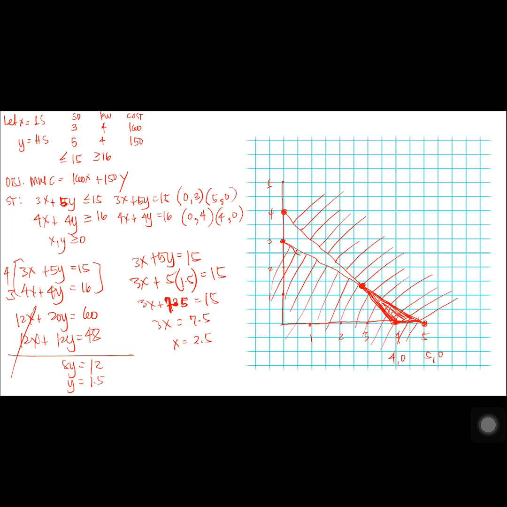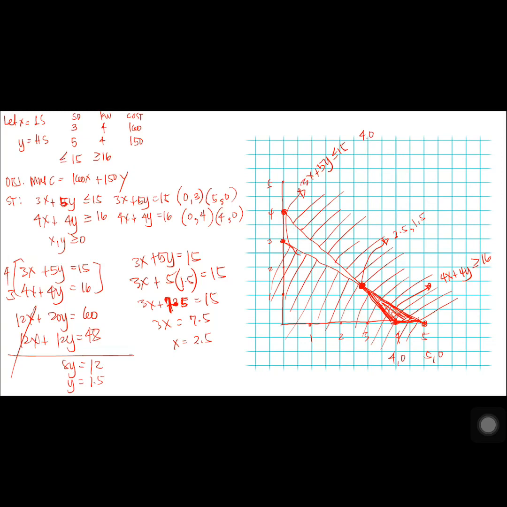So this point is 2.5 and 1.5. Let us substitute it to our objective function.